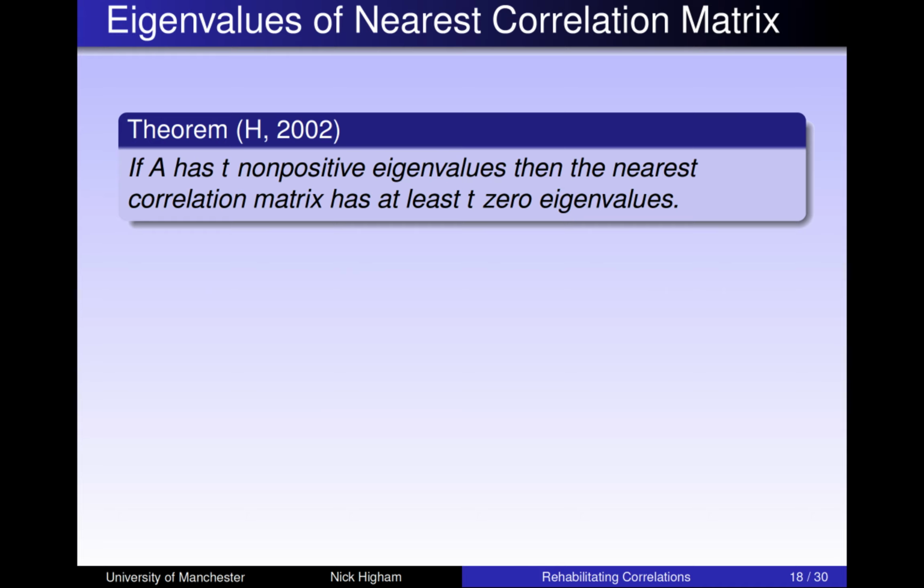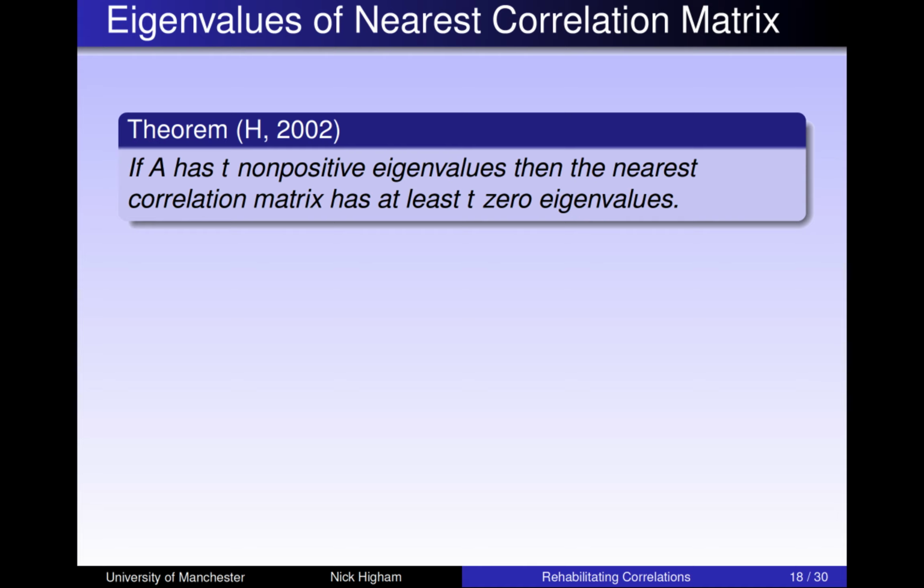But before doing that, just let me point out an interesting property of the nearest correlation matrix. And it's in this theorem here that if the original matrix has t non-positive eigenvalues, then the nearest correlation matrix has at least t zero eigenvalues. Now, intuitively, the reason for this is that we start off with our A, let's say, with t negative eigenvalues.